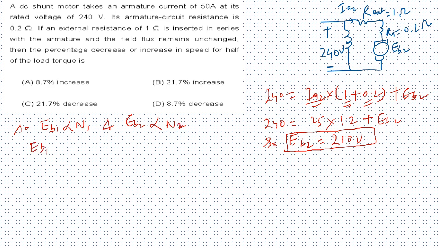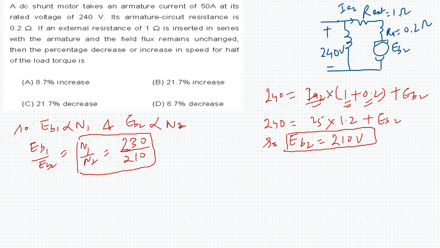So EB1 over EB2 is equal to N1 over N2, and putting in the values, N1 over N2 is equal to 230 over 210.